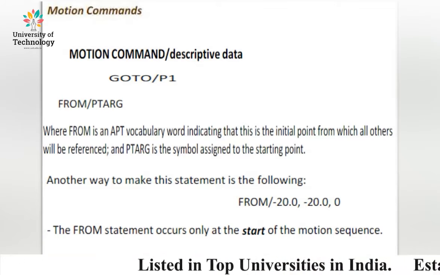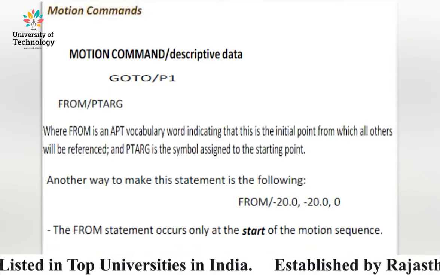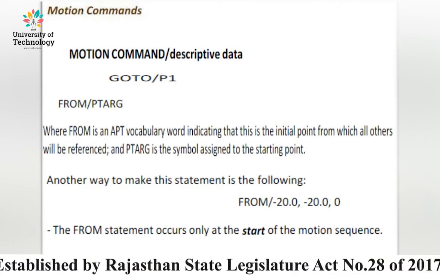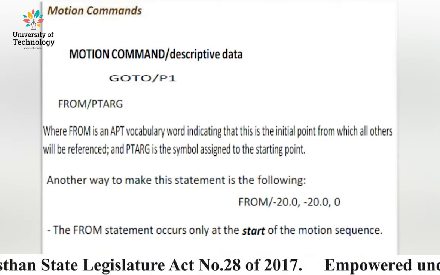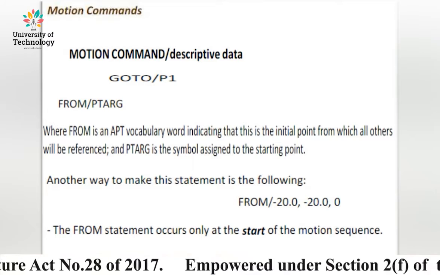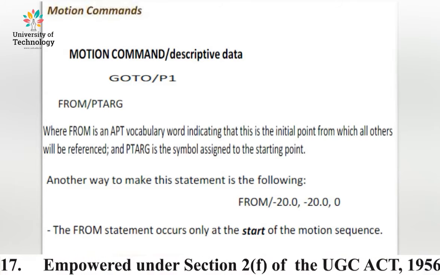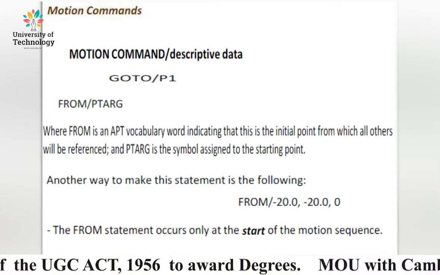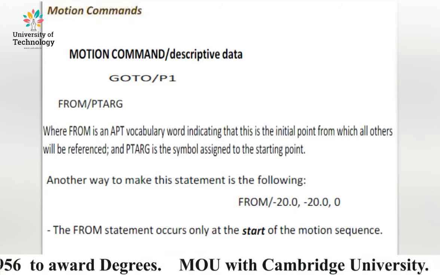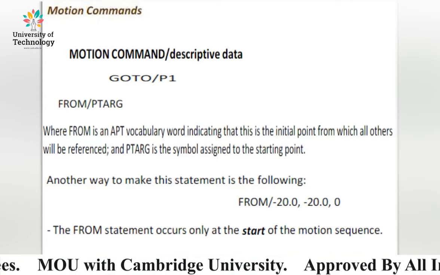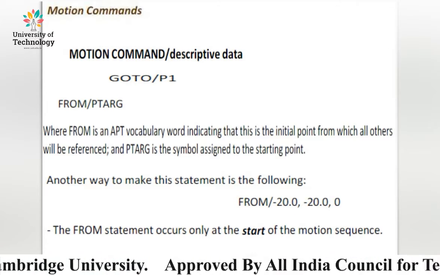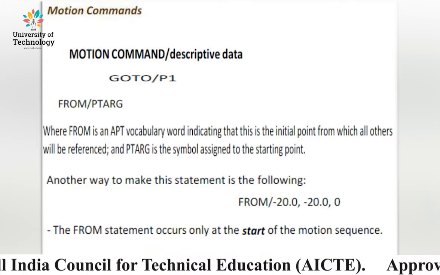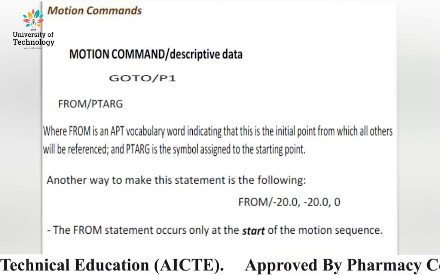From PTRG, that is the call from the home position of the machine: from oblique PTRG, repositioning of the tool in APT language. Here from is an APT vocabulary word indicating that this is the initial point from which all others will be referenced, and PTRG is the symbol assigned to the starting point.